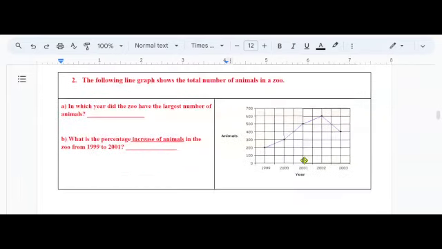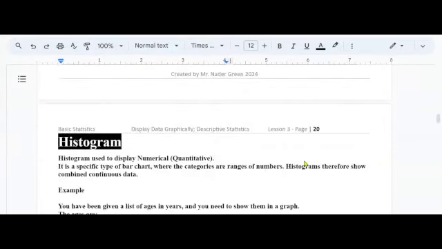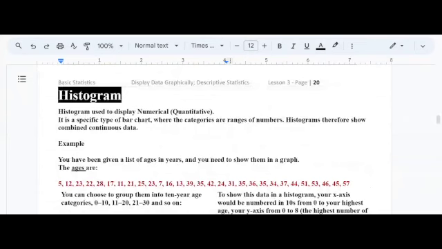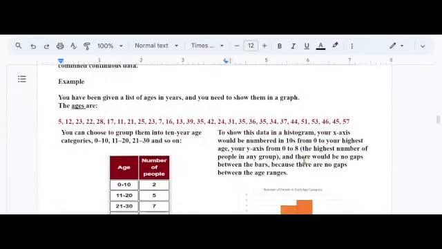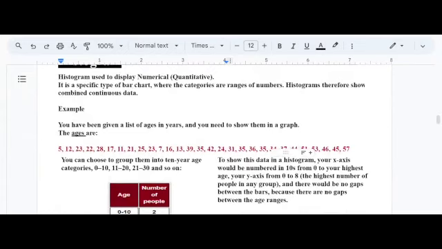Let's move on to the next type of graph, which is the histogram. Very important, this one. Let me read a little bit. Histogram is used to display numerical quantitative data. It is a specific type of bar chart where the categories are ranges of numbers. Histograms therefore show combined continuous data. Example: you are given a list of ages in years and you need to show them in a graph. Here are the ages.